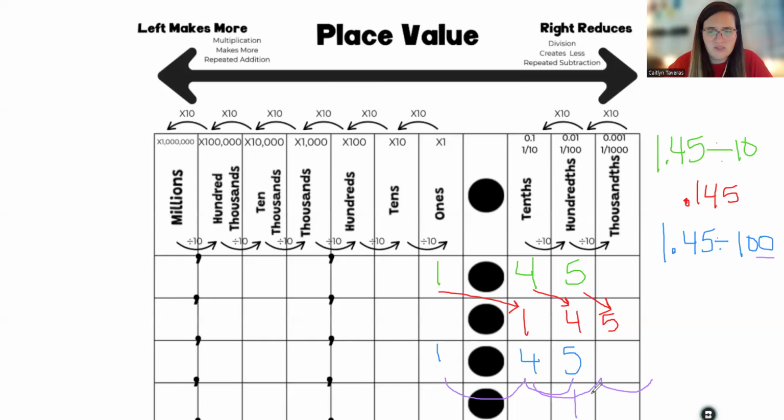I'm sorry, I missed a place somewhere. Oh, I went too far over. So 1, 2, our 4 goes here. And then 1, 2, our 5 goes there. Now again, we have an open place right here between that 1 and that decimal. We're going to fill it in with a 0. So our answer, or our quotient, would be 145 ten-thousandths. But we stick to just the thousandths in 5th grade.